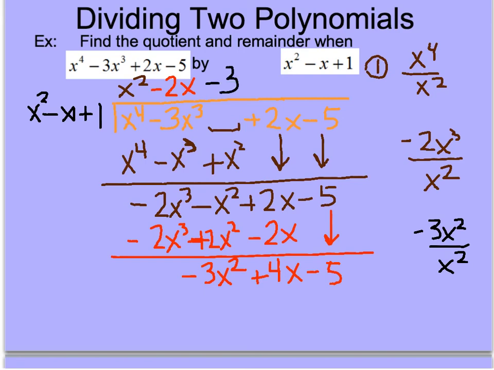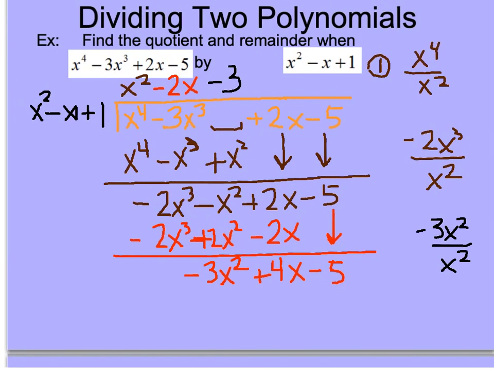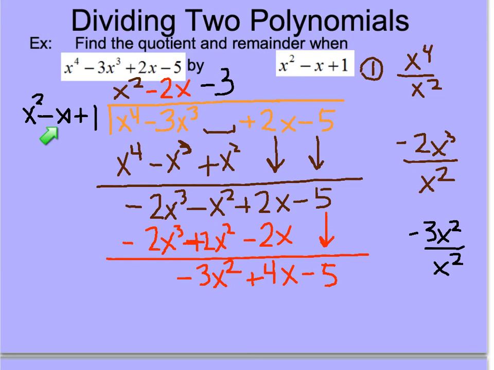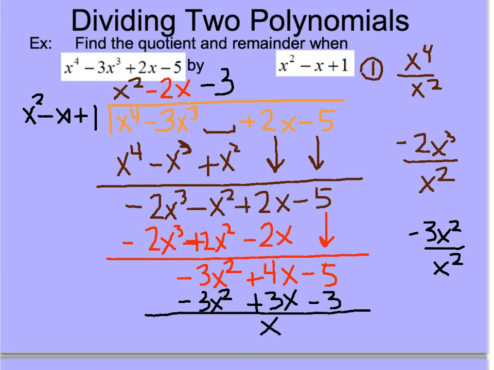And now, performing negative 3 times this trinomial, we get negative 3x squared, positive 3x, and negative 3. Now we're going to subtract. So these negative 3x squared minus negative 3x squared is gone. 4x minus 3x is just x, and negative 5 minus negative 3 is negative 2.